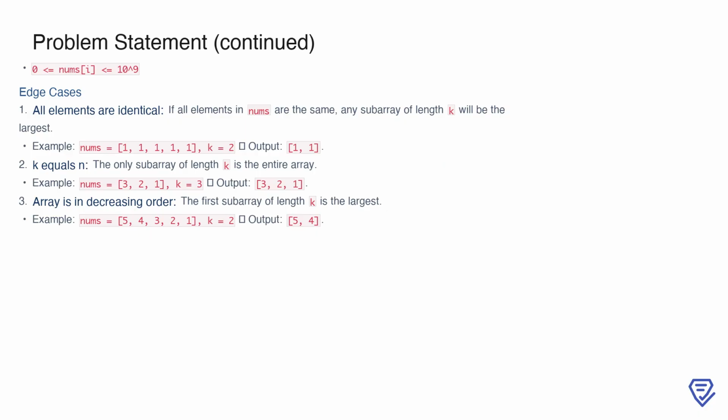For instance, if nums is 3, 2, 1, and k is 3, the output is [3, 2, 1]. Lastly, if the array is in strictly decreasing order, the first subarray of length k is the largest. For example, with nums as 5, 4, 3, 2, 1, and k is 2, the output is [5, 4]. These scenarios help clarify how the solution behaves under different conditions.